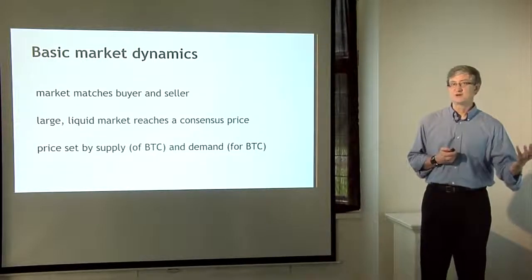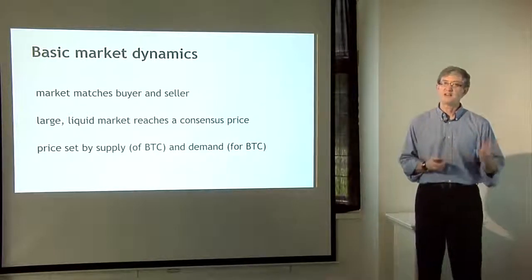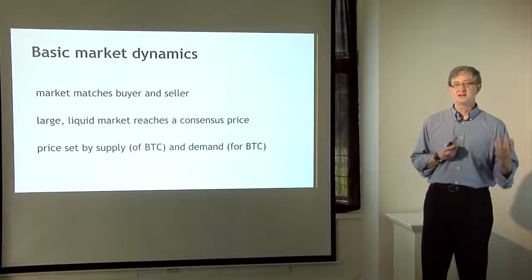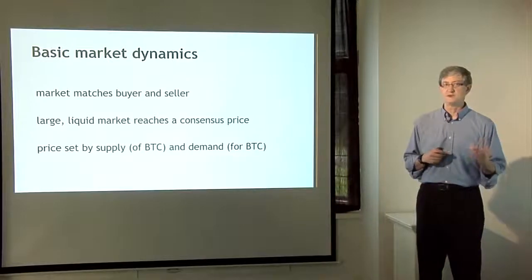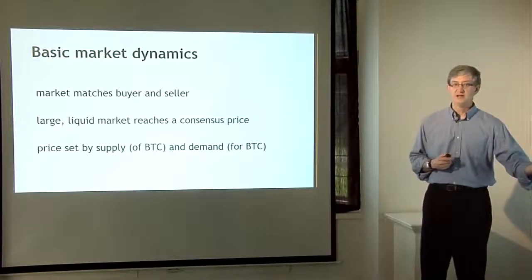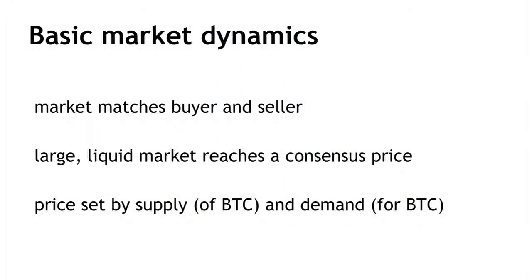The price of this market, this consensus price, like the price of anything in a liquid market, will be set by supply and demand. That is, what is the supply of Bitcoins that might potentially be sold, and what is the demand for Bitcoins by people who have dollars. The price through this market mechanism will be set to the level that matches supply and demand.